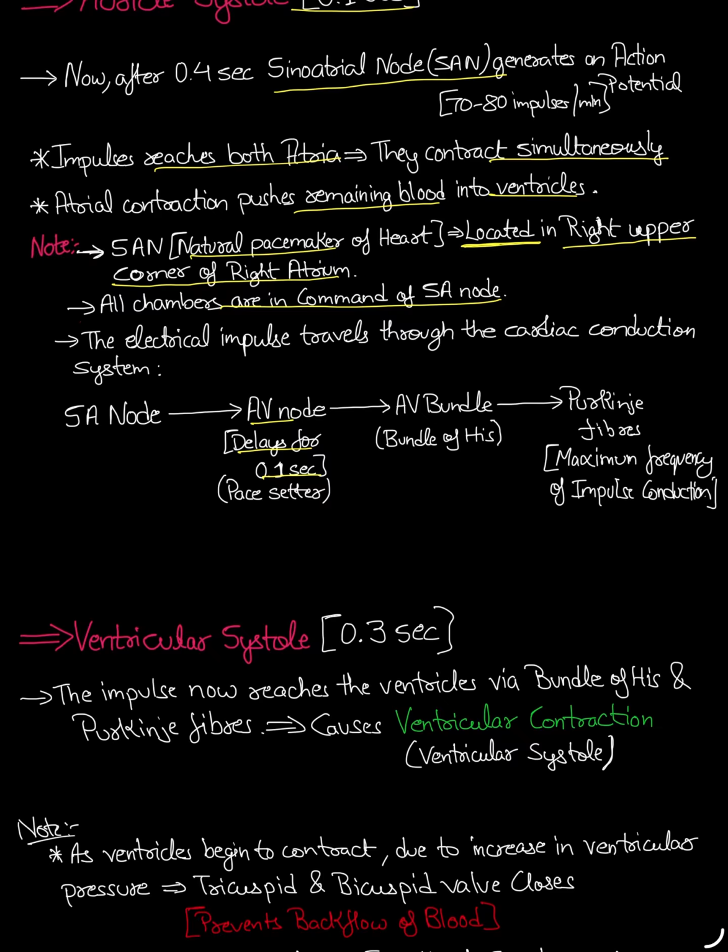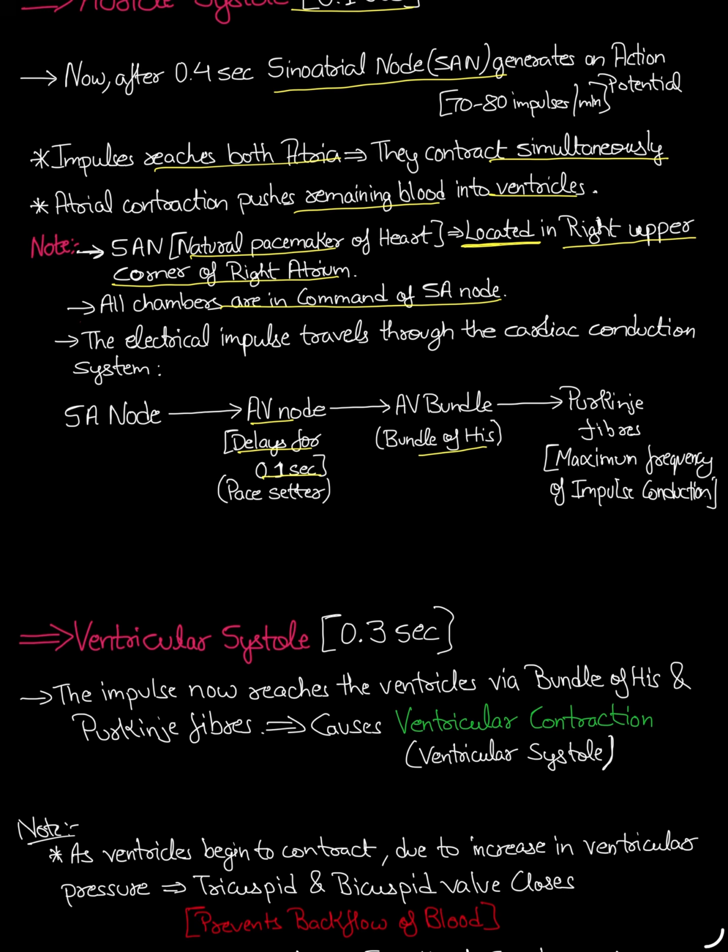Because of that, both atria and ventricle will not contract at the same time. Because auricle systole is 0.1 second, it delays for 0.1 second. After that, ventricle systole will start. So it delays 0.1 second, and then it will transmit the impulses to the AV bundle, to the bundle of His, to the Purkinje fibers.